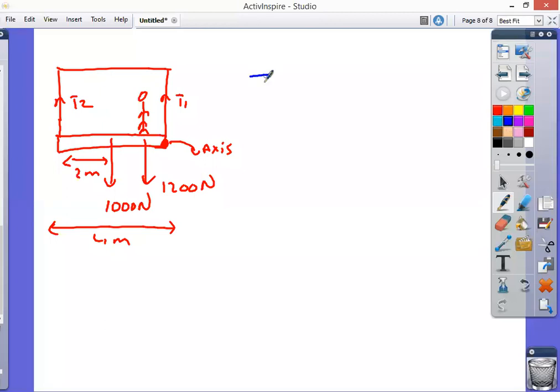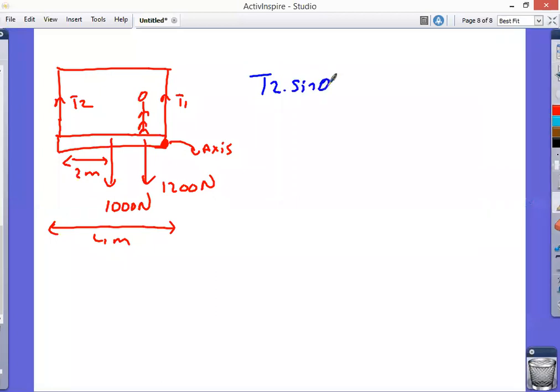again we are going to apply the same formula: T2 times sine theta times L, minus the weight of the plank times the length, which is going to be L over 2, times sine theta, we don't need it actually. So minus 1,200, the weight of the man, times this time the distance from the man to T2. How many meters is it? 3 meters. So you have to put 3 meters here.